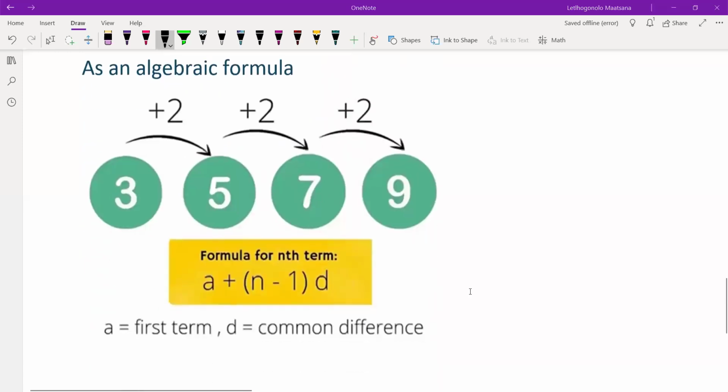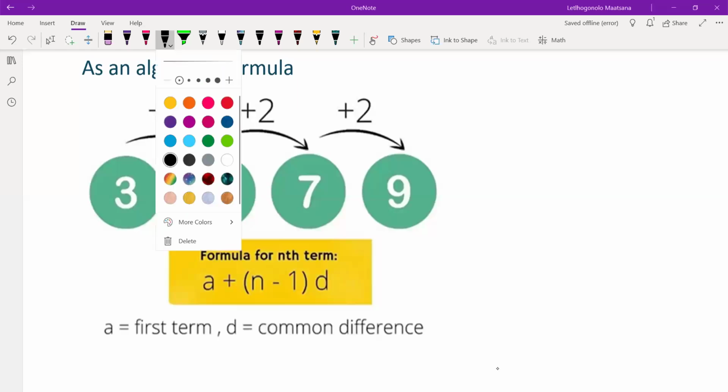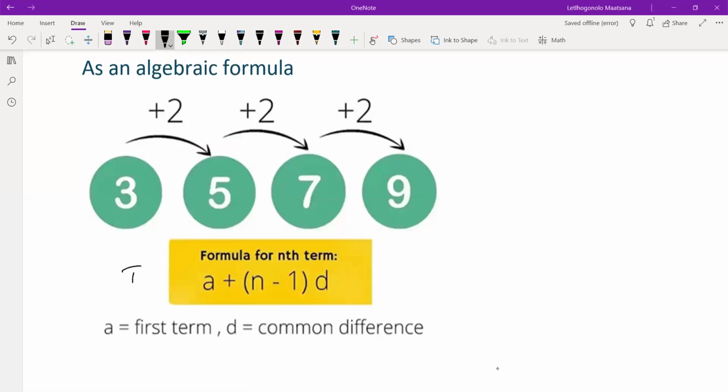Another way we can show it is algebraically. In this case, we have a pattern 3, 5, 7, 9. We can clearly see that the constant difference between the numbers is 2. We will use a formula that says that the general formula is Tn equals a plus n minus 1 times d, where a is the first term, d is the common difference between the terms, and n is the number of terms.